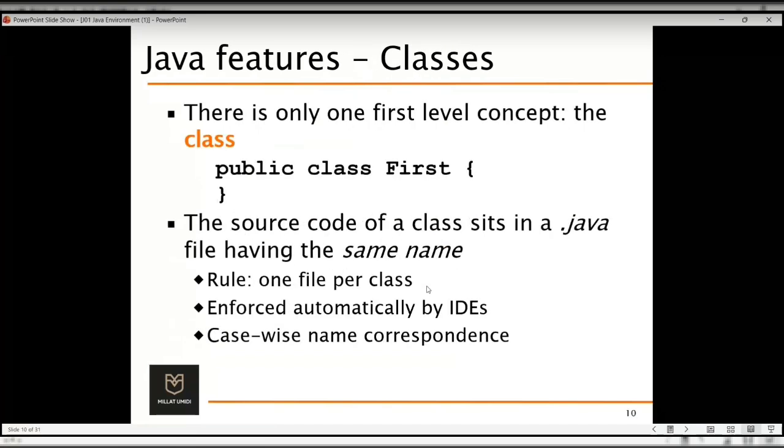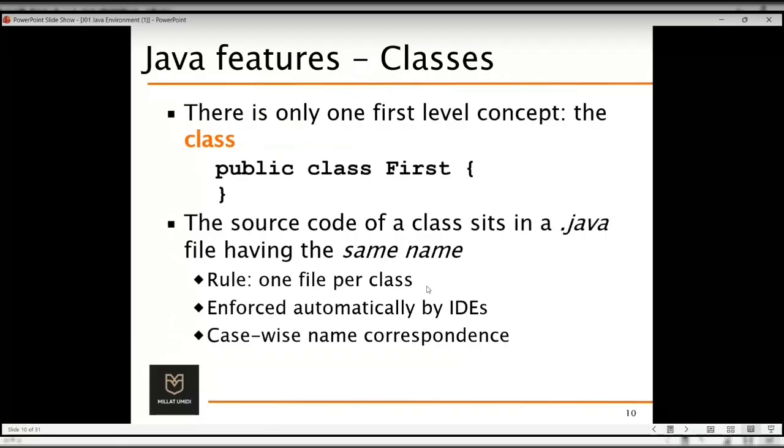Okay, this is an example of how our code might look in Java. As we have said, it's a pure OO language. It should have a single class in a single file.